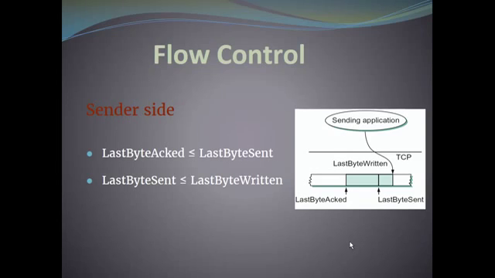And LastByteSent is less than or equal to LastByteWritten. This is obvious since TCP cannot send a byte that the application process has not yet written. Also note that none of the bytes to the left of LastByteAcked need to be saved in the buffer because they have already been acknowledged, and none of the bytes to the right of LastByteWritten need to be buffered because they have not yet been generated.